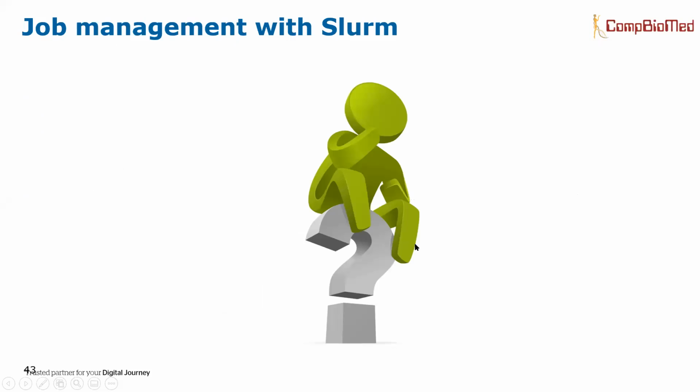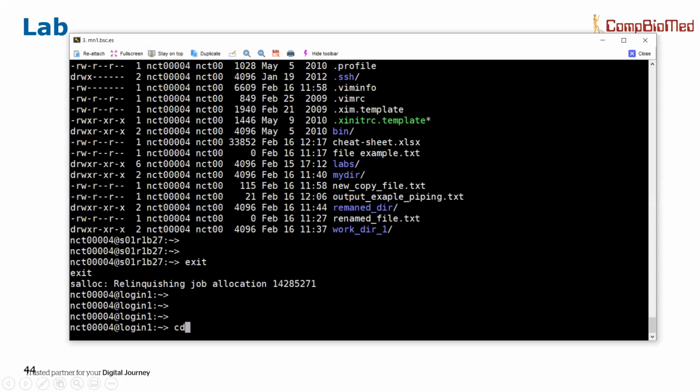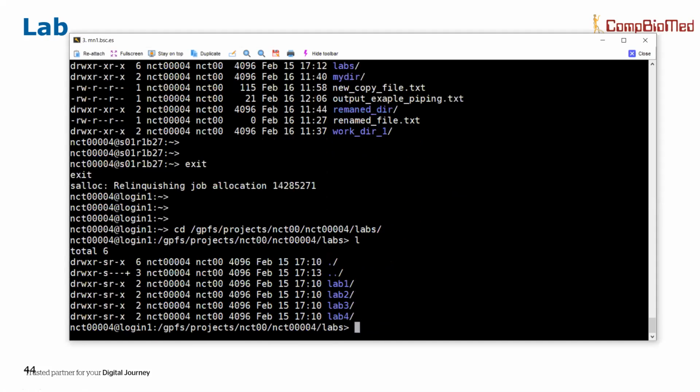We can take some questions, and at the same time you can take a look at the labs. I think it is the one located still in the GPFS project NCT00/NCT04/labs, and it should be lab 2.